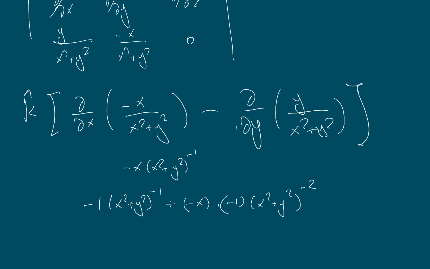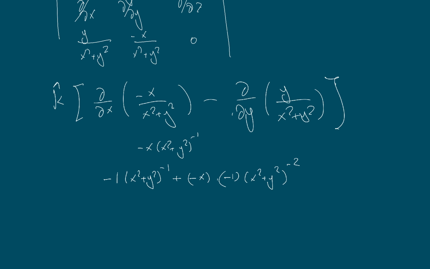And if we do the same thing with the partial with respect to y, we'll obtain the same result. Let me check. So this is the partial with respect to x of this expression.